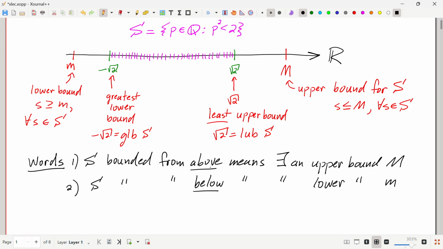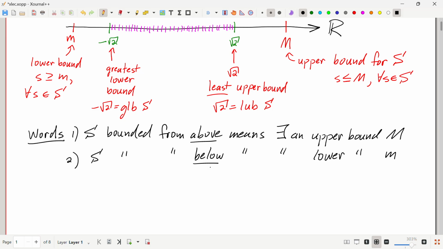And you sometimes will say that a set is bounded, and that just means it has both of those things. This is called bounded, when it has both an upper and a lower bound.